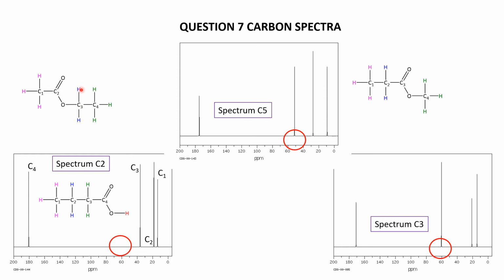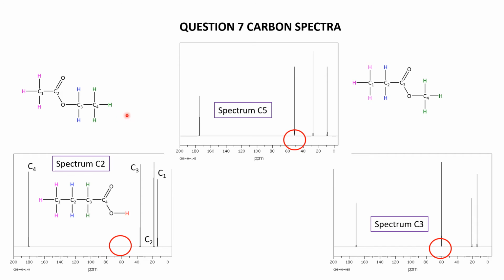The CH2 group has, instead of 3 hydrogens, 2 hydrogens and a carbon replacing that hydrogen. And of course carbon is a teeny bit more electronegative than hydrogen, so therefore the CH2 will come more downfield than the CH3.